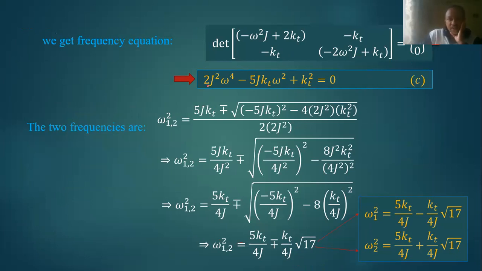And observing here, we have 2J square as A, we have minus 5JKT as B, and KT square as C. So just substituting this in our quadratic formula, finally we get omega 1 square is equal to 5 KT over 4J minus KT over 4J times the radical of 17, and omega 2 square is equal to 5 KT over 4J plus KT over 4J times the radical of 17.